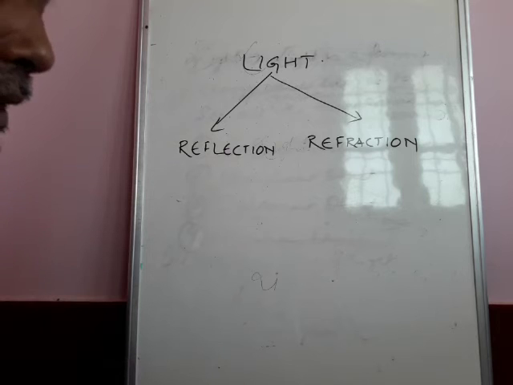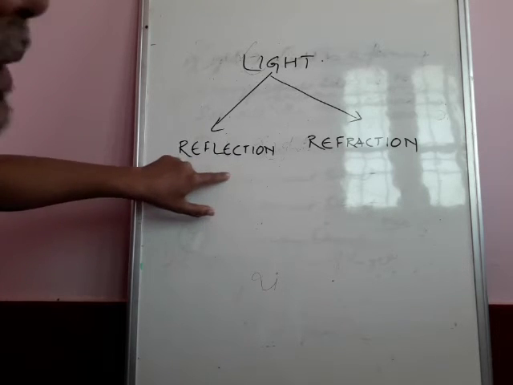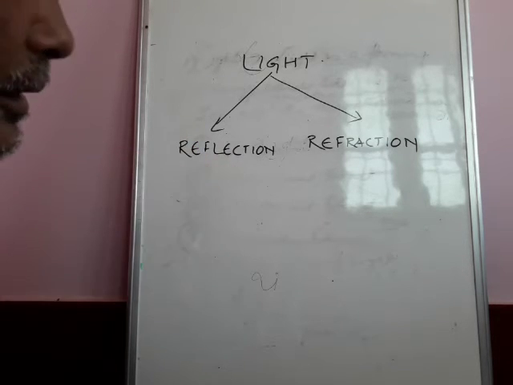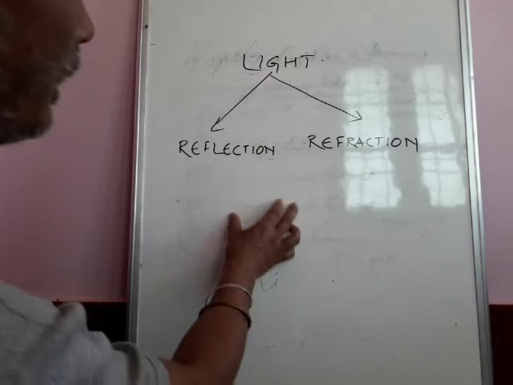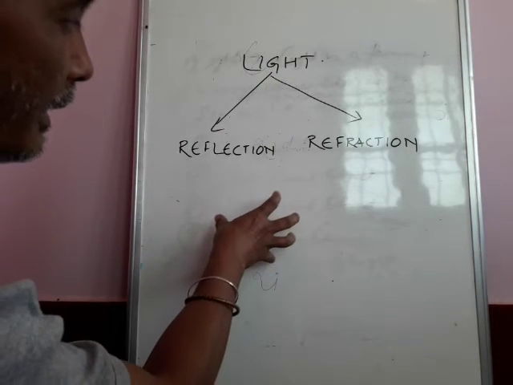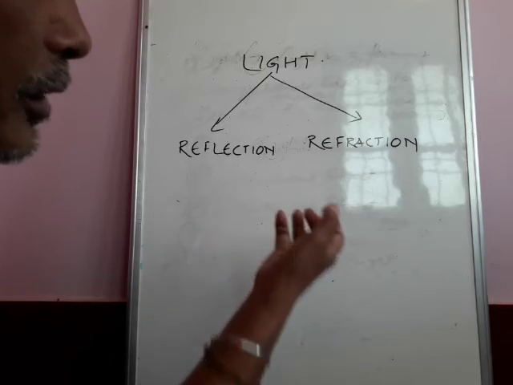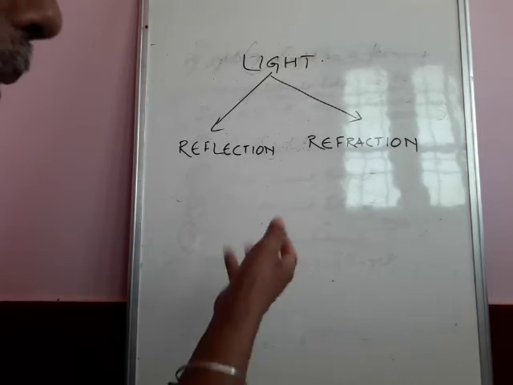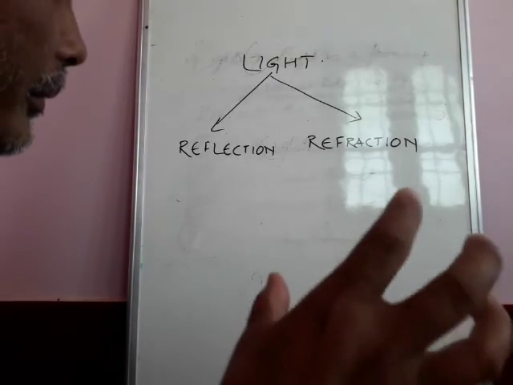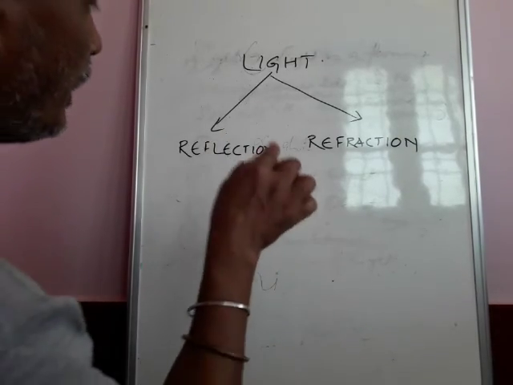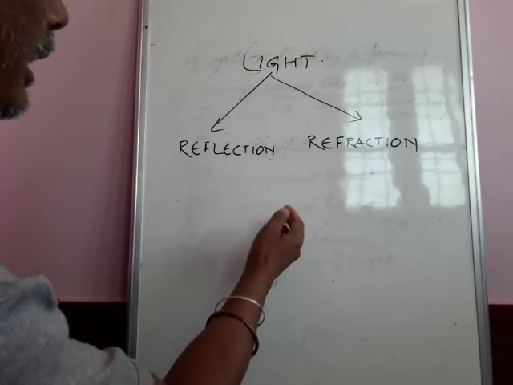Reflection is the bouncing back. Now let me explain what reflection is. If I hit a ball here, what will happen? As the ball cannot pass through it, it will bounce back to the same medium. This is the medium. As soon as it touches this, it will bounce back.